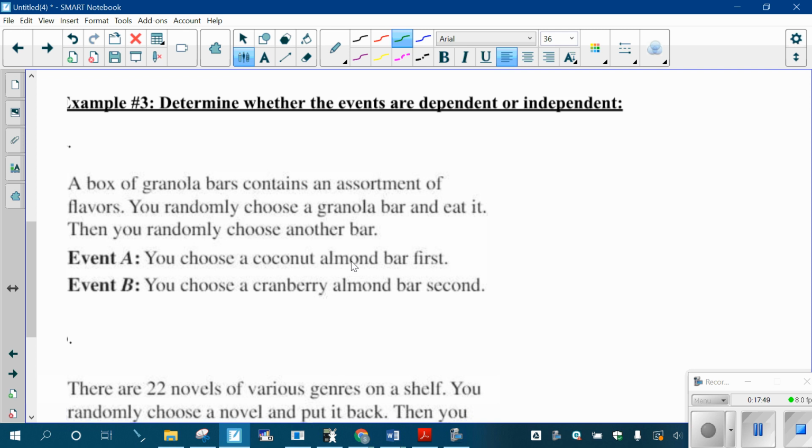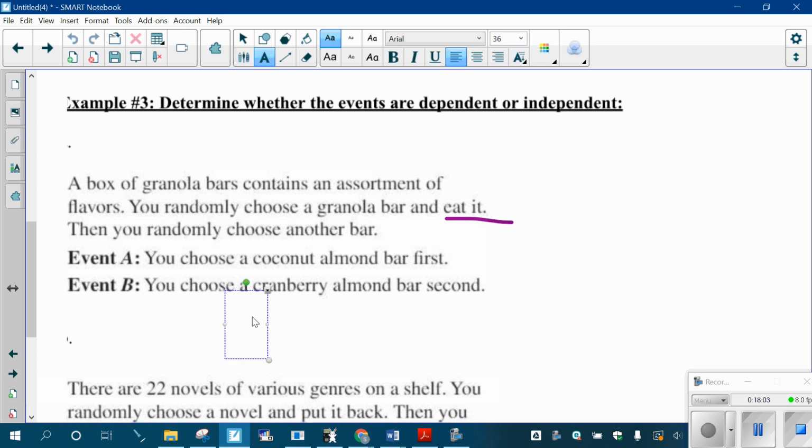Does what happens in the first one impact the second one? Well, yeah, because you ate it. So now you got a different box, right? Once you eat one of the other ones, it becomes more likely that you're going to get a different flavor. So this would be an example of two events that are dependent. What happens in the first one impacts what happens in the second.